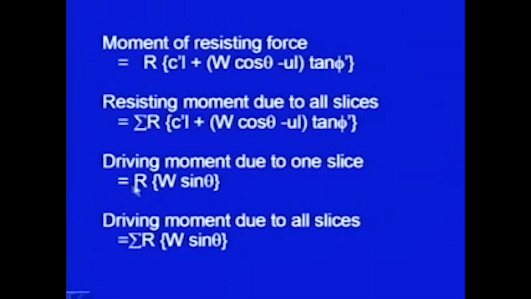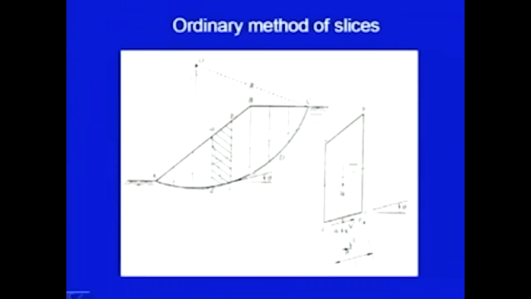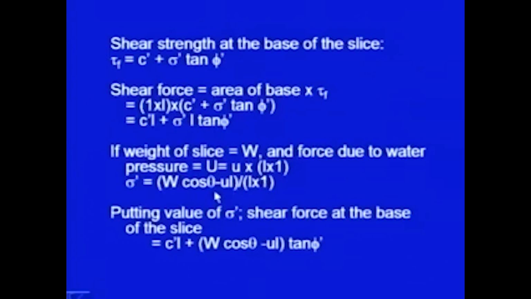So, its moment will be r into W sin theta. Here it will matter whether you take theta as positive or negative. For example, on this side it is trying to drive the failure, whereas on this side theta is in the other direction, and it is trying to stabilize the slope.